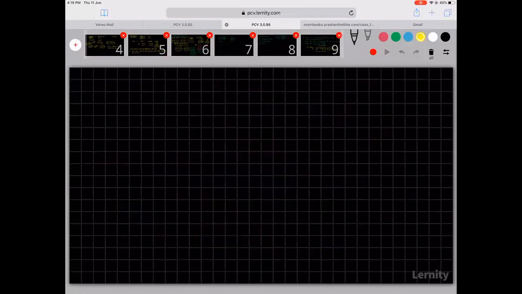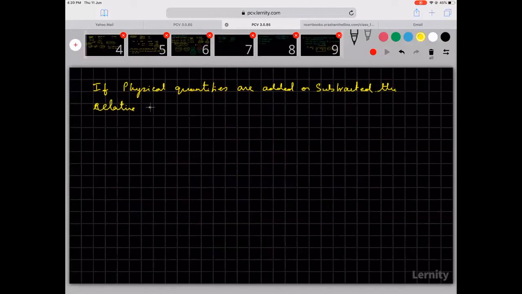Now the concept that I told you is that if physical quantities are added or subtracted, the errors are added, the relative errors get added. So I understand this concept.